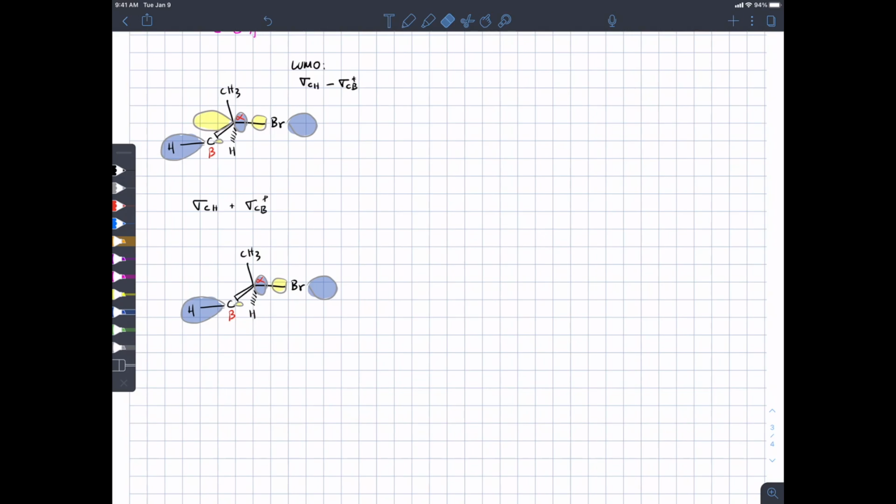We're going to see spreading out of the carbon-hydrogen bond a little bit onto that neighboring alpha carbon.